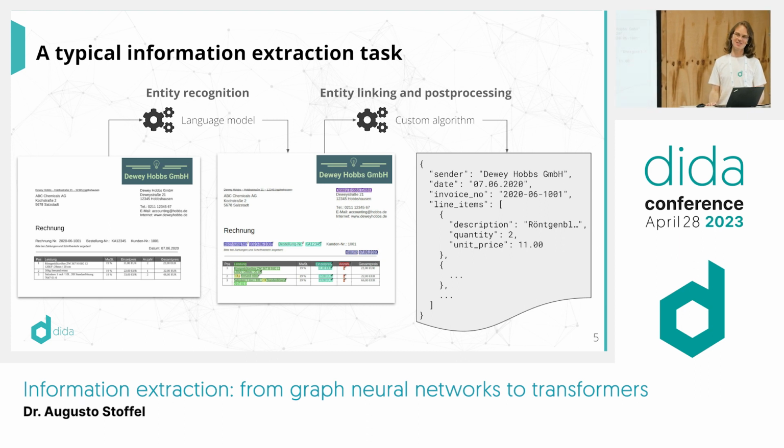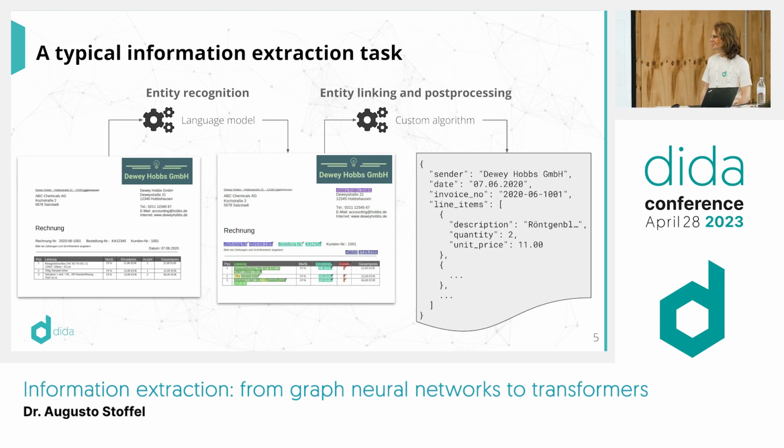But that's because the dataset is kind of easy. And I think this is one of the problems in this area. There's not a lot of publicly available data, and the benchmark datasets are okay for comparing different models, but they're not super interesting.